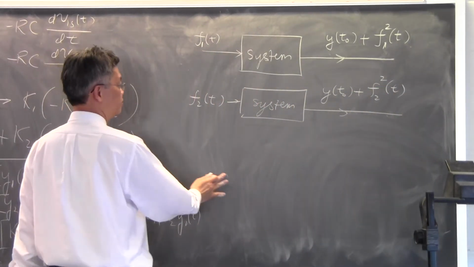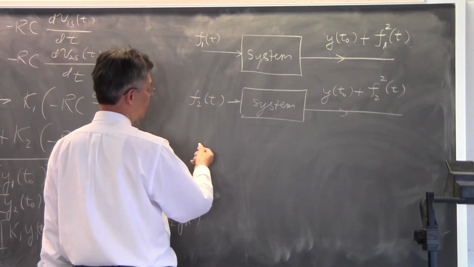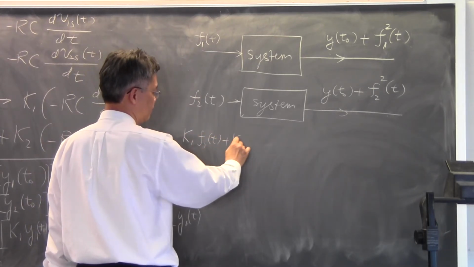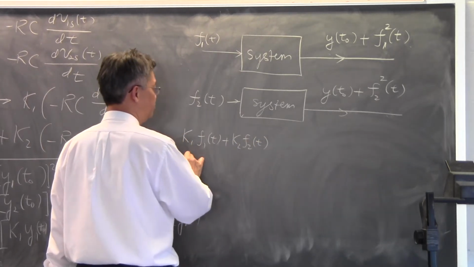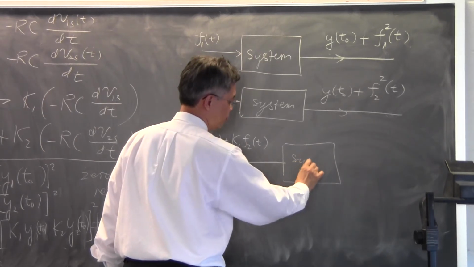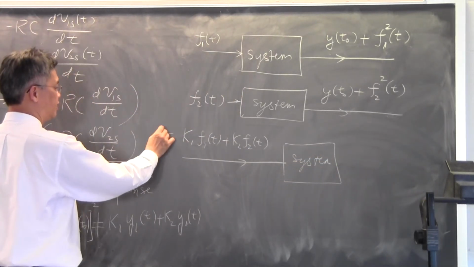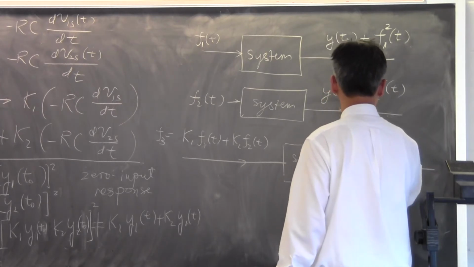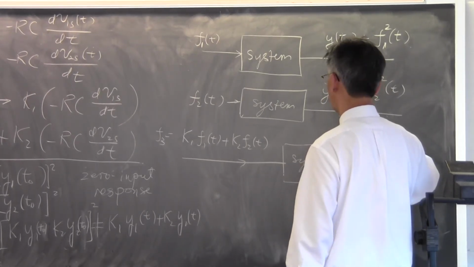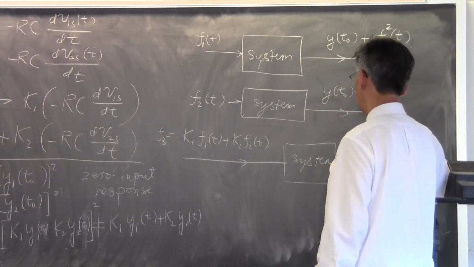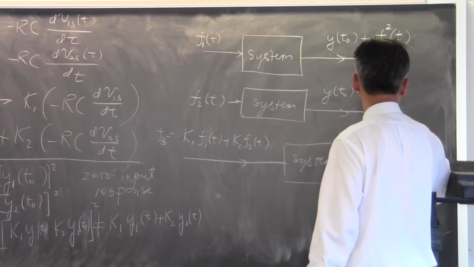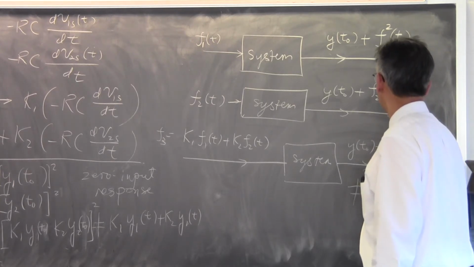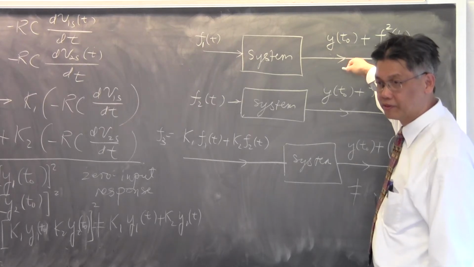And clearly, you can see that if I have a third system where I have k1 f1 of t plus k2 f2 of t as my input into this system, this is my f3, the third input, which is a linear superposition of the previous two inputs. Then k1 f1 plus k2 f2, squared, is not going to be equal to the linear superposition of the two previous outputs.